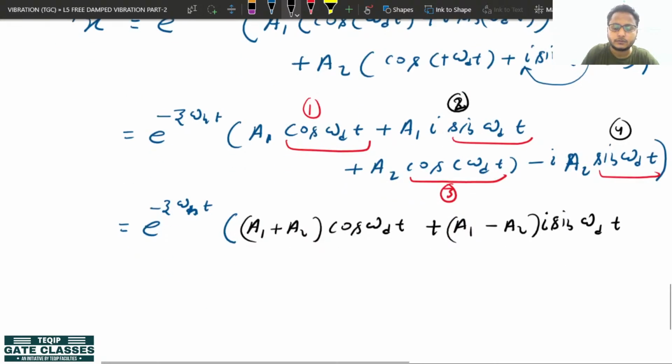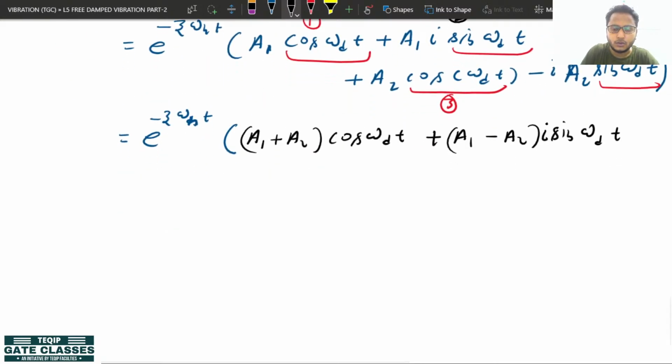Okay, fine. Now we are going to assume some terms to simplify this equation into an understandable format. So we are going to assume these coefficients.